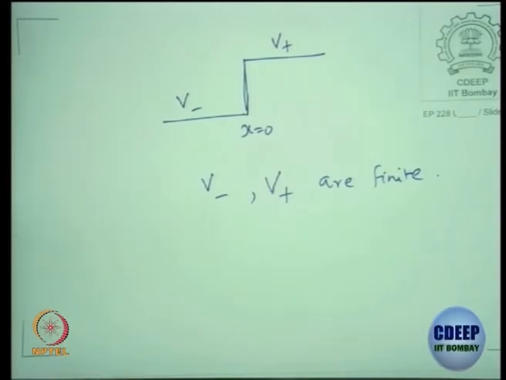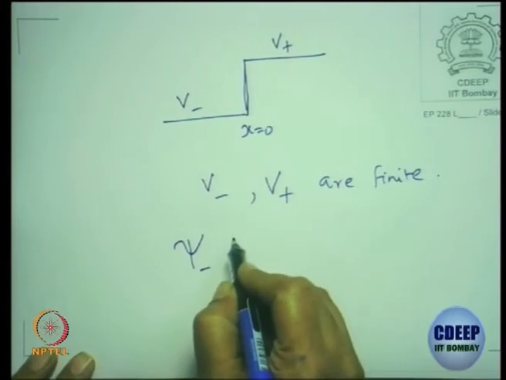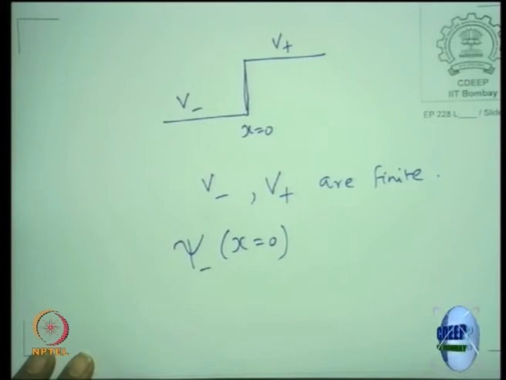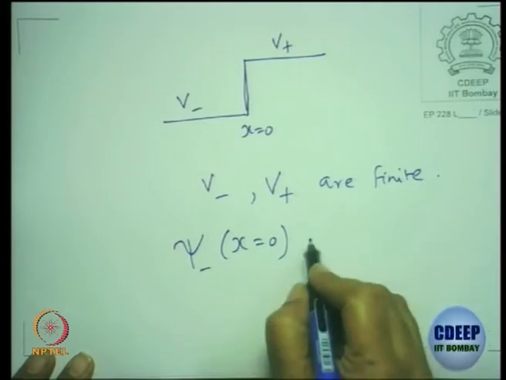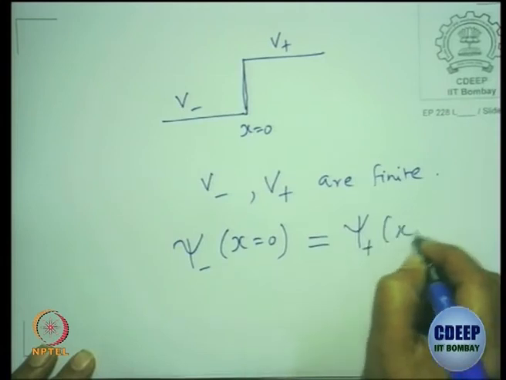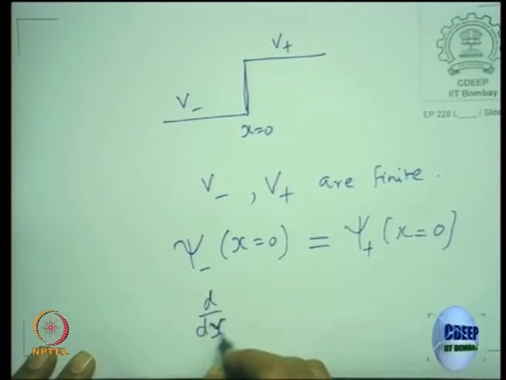Right. When you did these finite potentials, you made sure that psi minus in the region at x equal to 0 should be equal to psi plus at x equal to 0. What else? d by dx of psi.